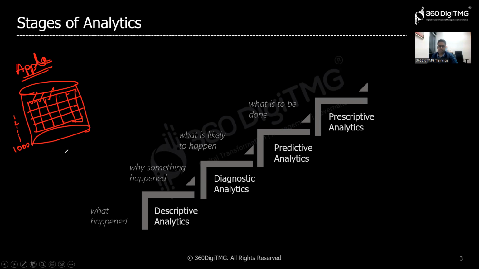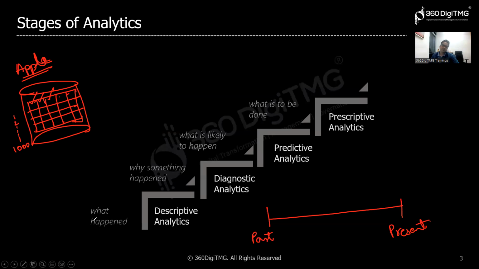Given this data, if you try to understand what happened in the past until now, did the sales of each and every product increase, or was it decreasing? Was it increasing in the initial phases, then decreasing?